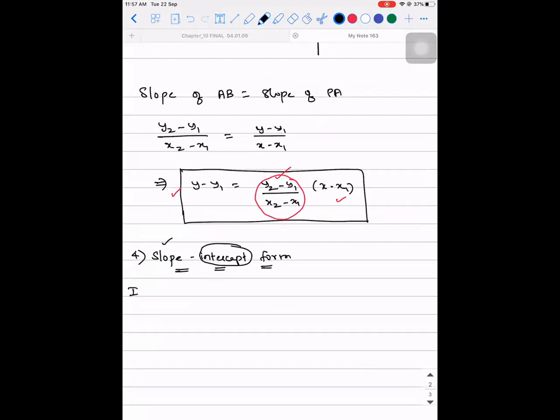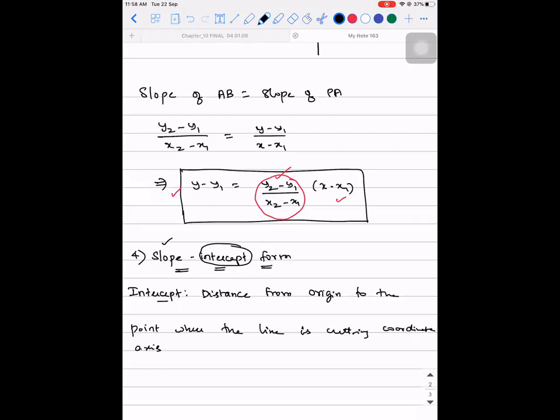So write down: intercept means the distance from origin to the point where the line is cutting the coordinate axis.